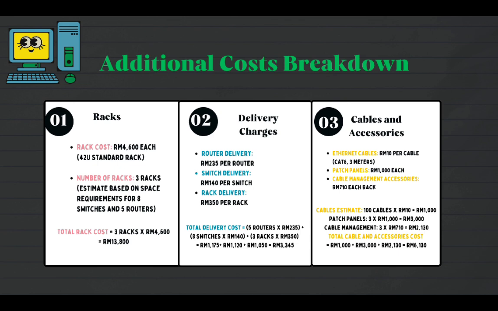And for the patch panels, 3 multiply with 1,000 ringgit, we got 3,000 ringgit. And for the cable management, also 3 multiply with 710 ringgit, and we got 2,130 ringgit.